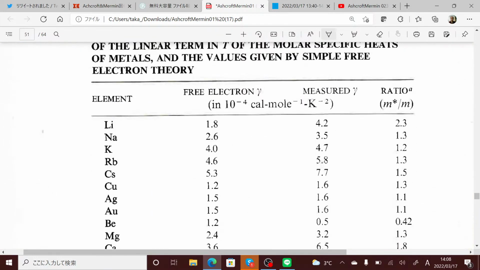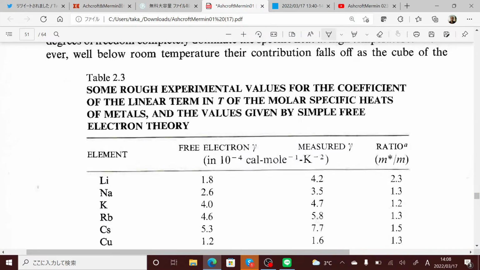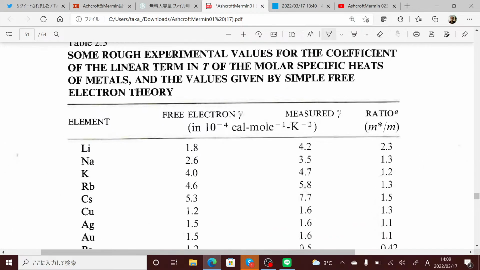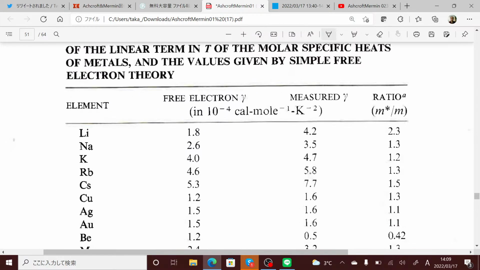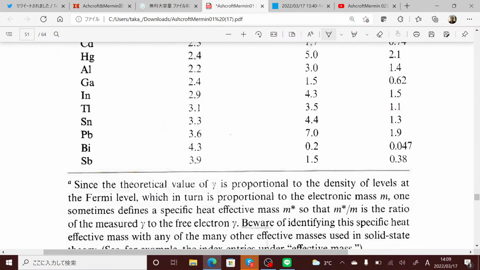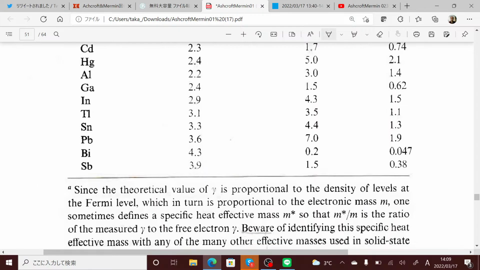So this is some rough experimental values for the coefficient of the linear term in T of the molar specific heats of metals and the values given by simple free electron theory. So this gives effective mass.